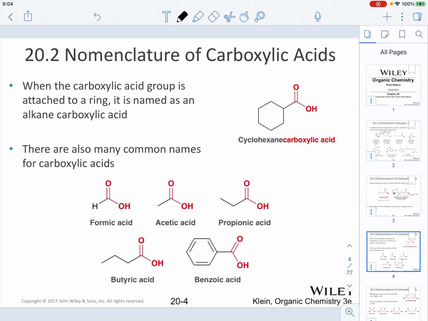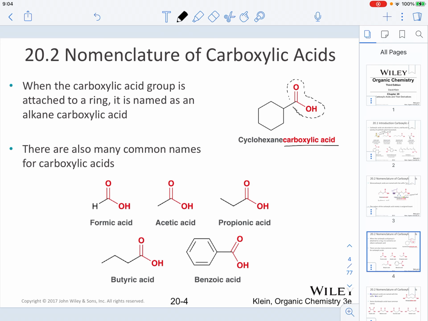We can also have carboxylic acids where the group is outside a ring system. When a carboxylic acid group is attached to a ring, it is named as an alkane carboxylic acid. As you can see in the molecule in the top right corner of the slide, we are going to use as the parent chain the word carboxylic acid to represent that we have a carboxylic acid outside of that ring system.